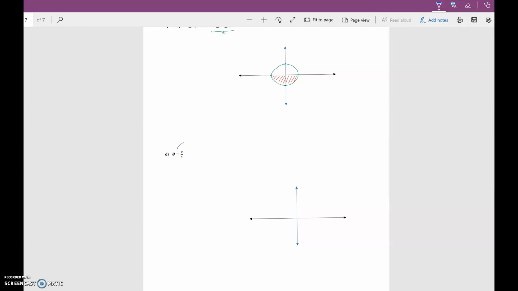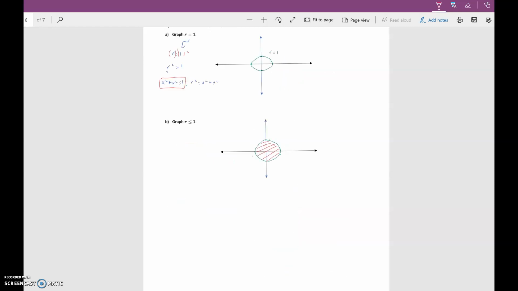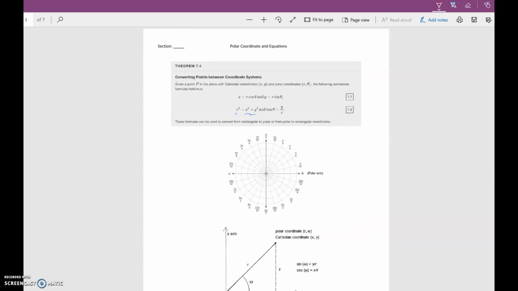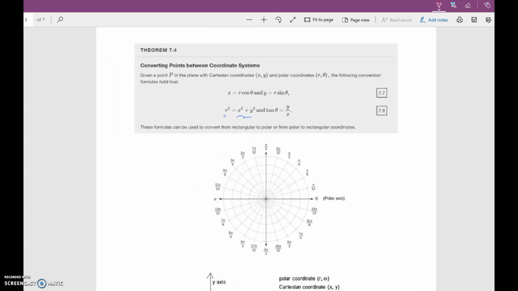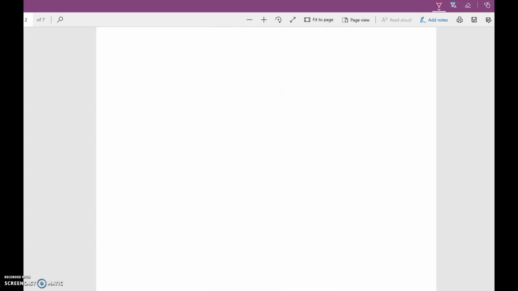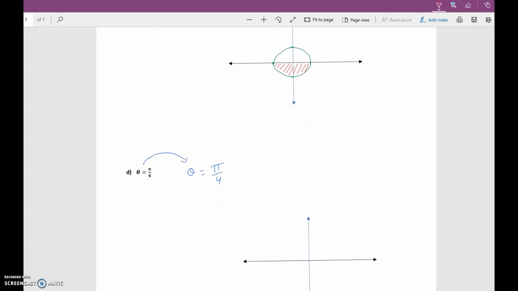Problem D is not easy to identify because you just have the value of theta equal to pi over 4. The trick on this one is to use one of the equations above and express it in one of those forms. The closest one is that the tangent of theta is equal to y over x. So on that last problem, I'm going to evaluate the tangent on both sides of the equation.